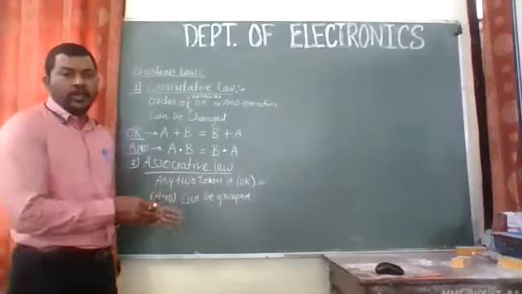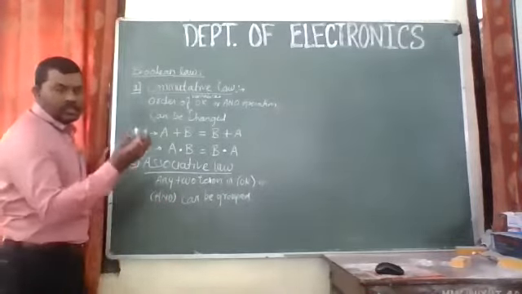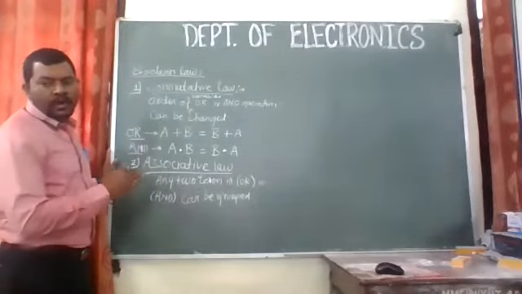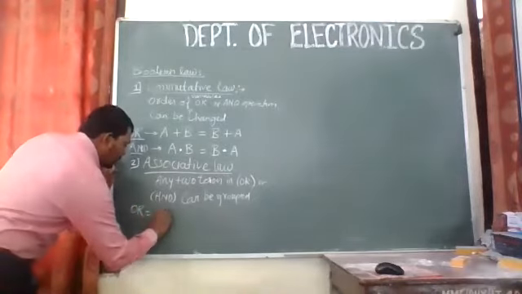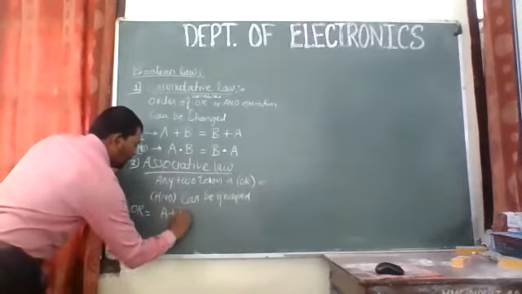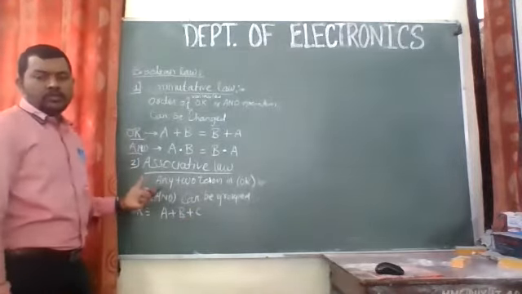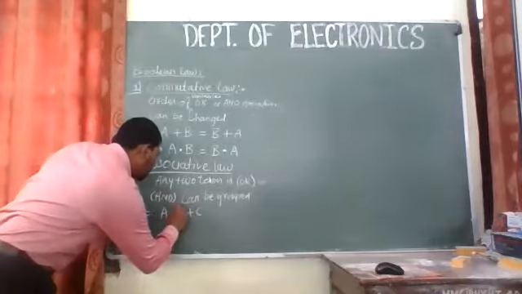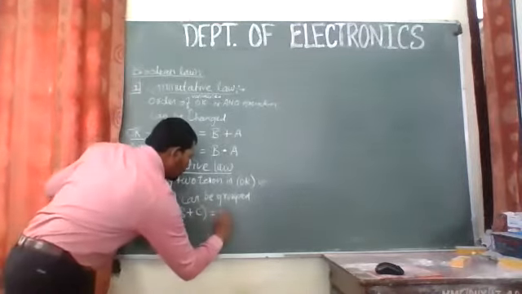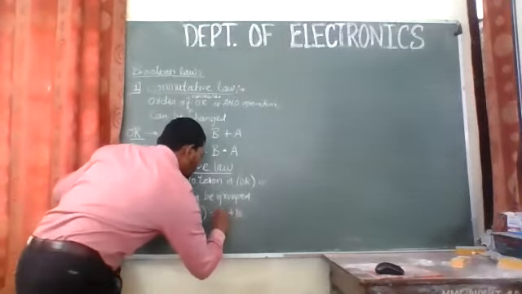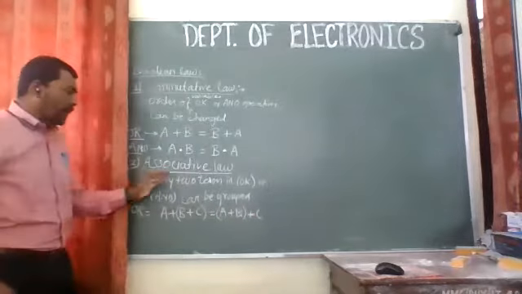Now how am I telling this? I can write it with an example. We have three variables and we want to add them. For the OR operation, we write A plus B plus C. So these are three variables. This B plus C can be grouped, and it can be written as A plus B plus C. So this is what grouping means.